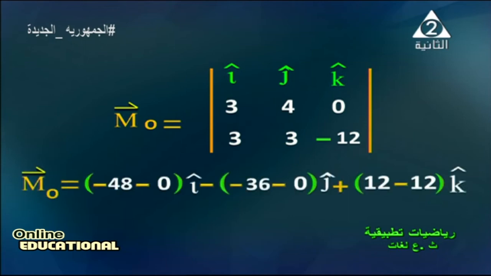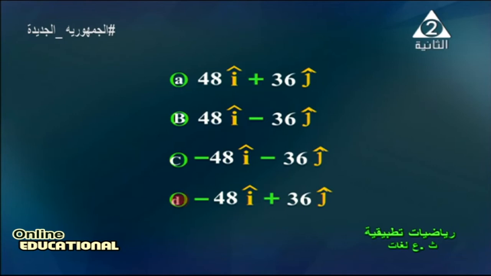Then the moment equals negative 48 minus 0 i, minus negative 36 minus 0 j, plus 12 minus 12 k. Then the moment about O equals negative 48i plus 36j. Then we can choose letter D.